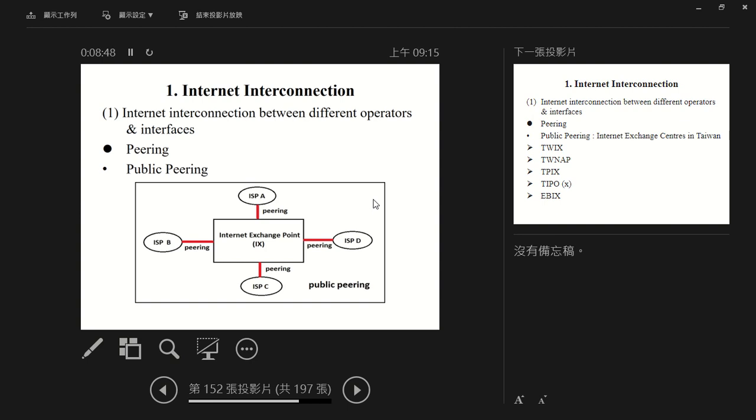If they do private peering, sometimes their internet traffic may be discriminated by ISP A. But if there's a legal obligation to exchange internet traffic as an internet exchange point, then those ISPs who seek internet exchange will be able to exchange their internet traffic at the internet exchange point, so that ideally their content will not be discriminated by a single or by several very big ISPs. So this is the concept of public peering.